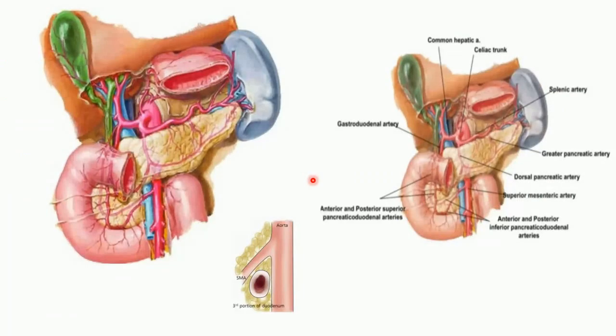Of course, these images can further show you these blood vessels. You can see this is our splenic. It's going to supply the body, as we've said, and the main branch that comes from it is called the dorsal pancreatic artery. There is what we call the greater pancreatic artery.